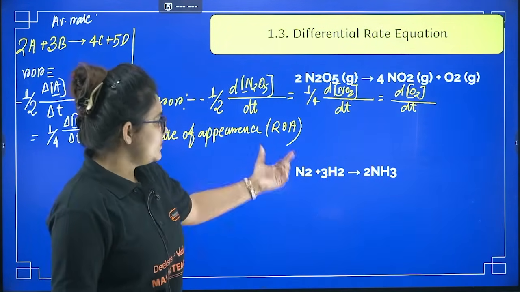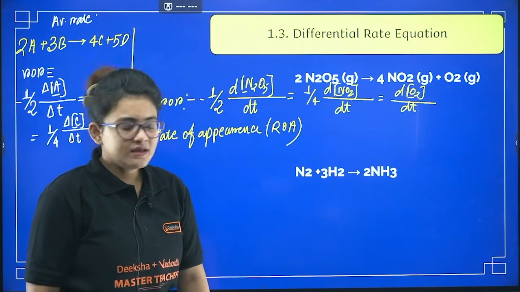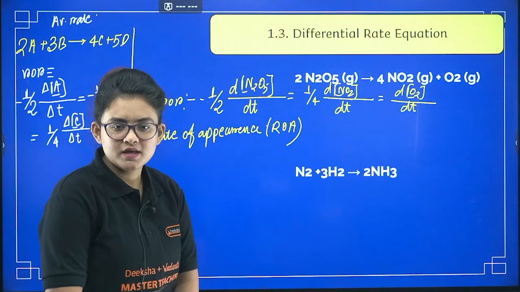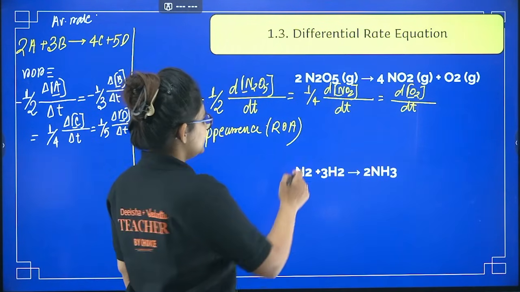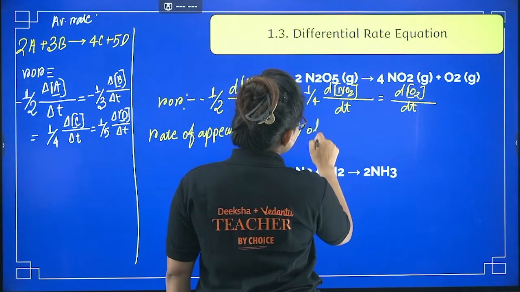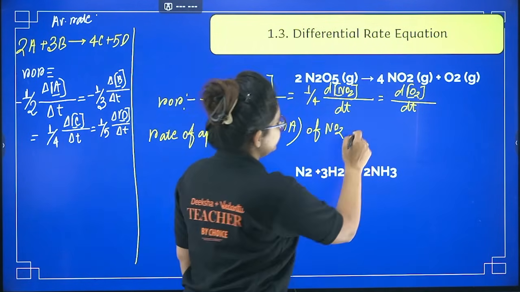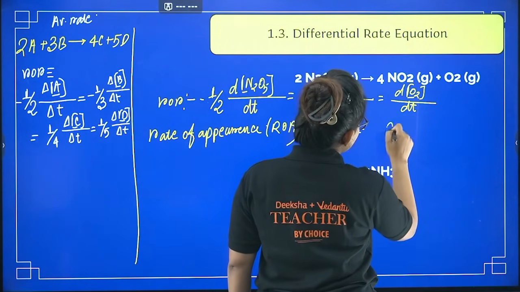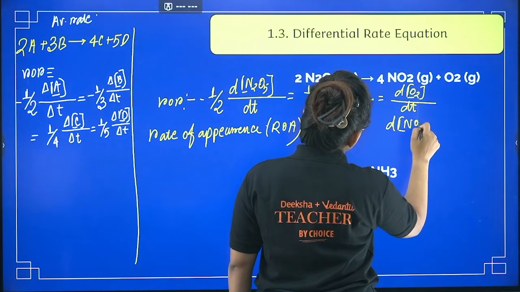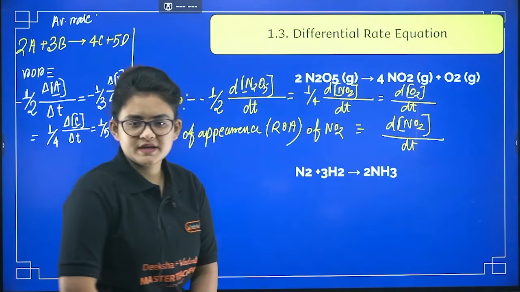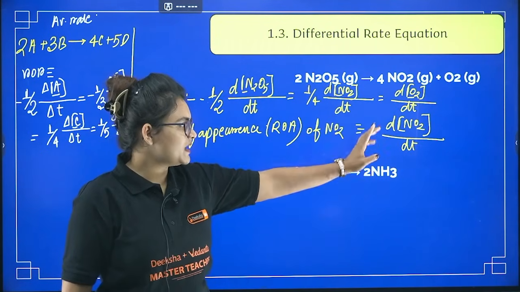So whenever you are mentioning rate of appearance, it should be with respect to product only. Let's say rate of appearance of NO2. Then you should write only d of concentration of NO2 by dt. Plus, minus, nothing, by default plus is there.